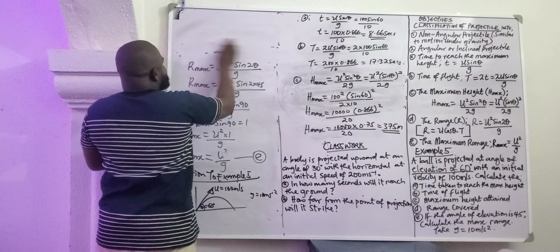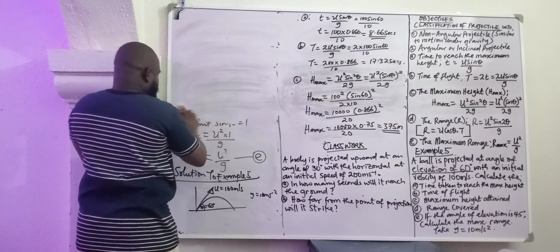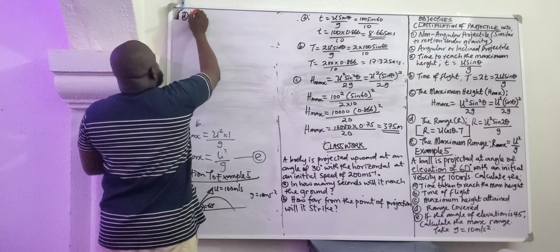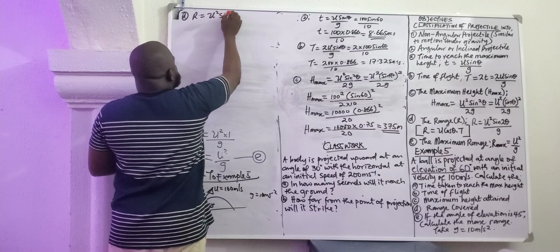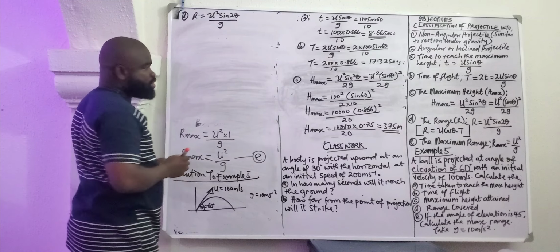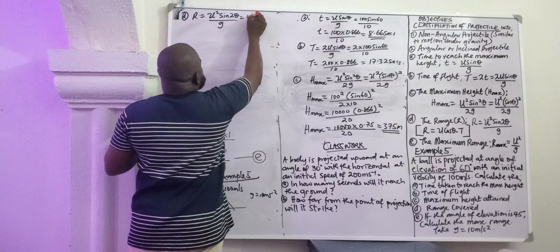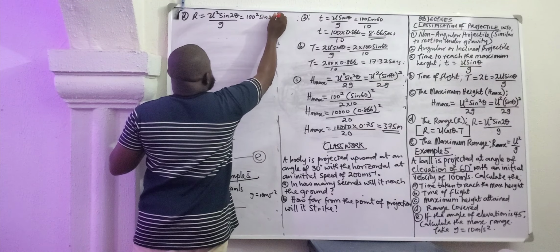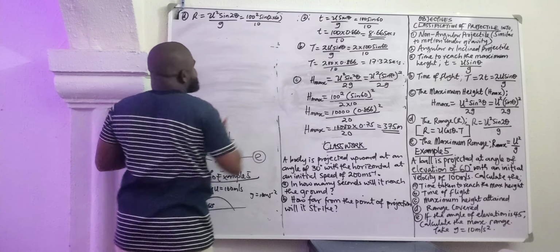Look for the range. So to get the range, we quote our formula: the range R is u squared sine 2 theta over g. So we substitute our values. This will give us u is what? 100 squared, sine 2 theta means 2 times 60, so you put this in bracket, over 10.